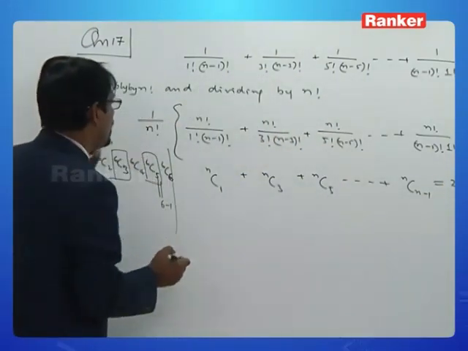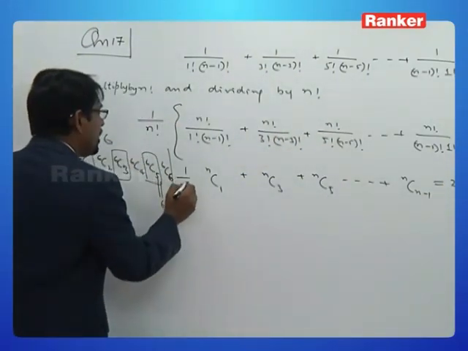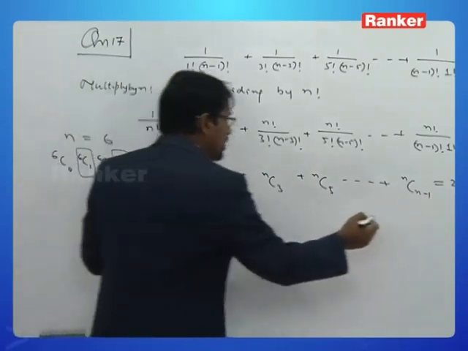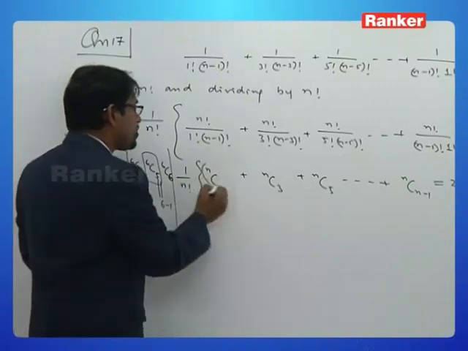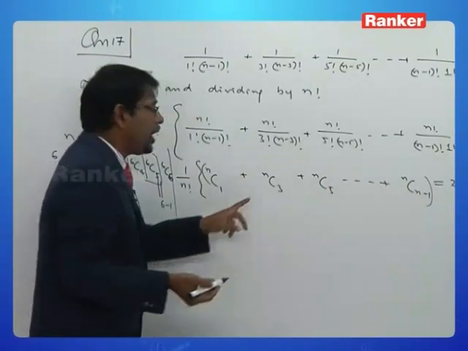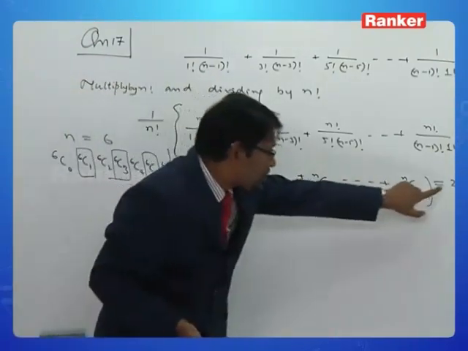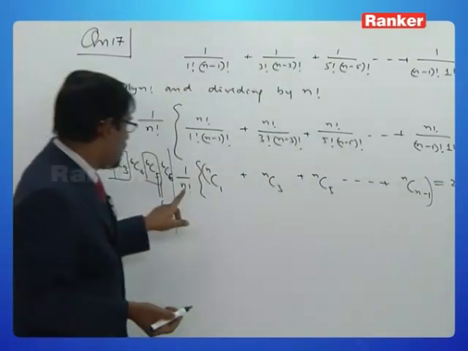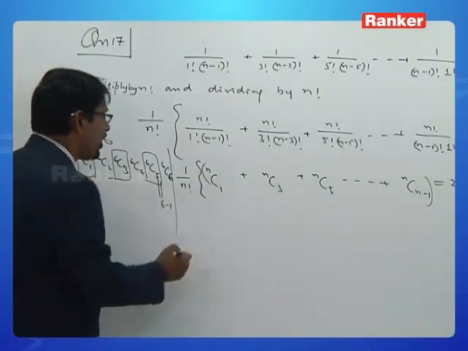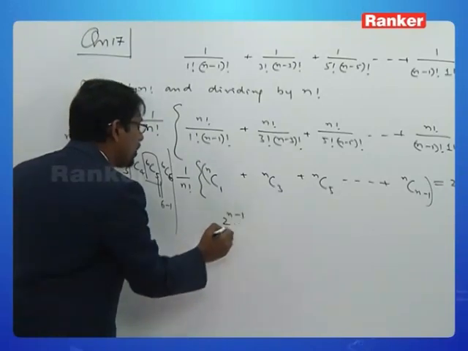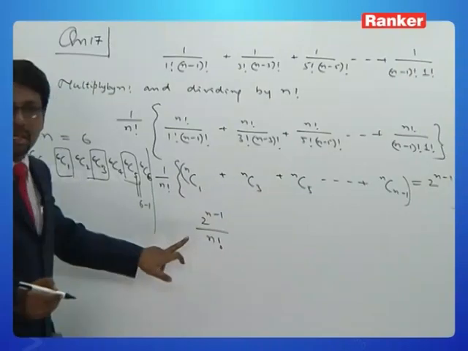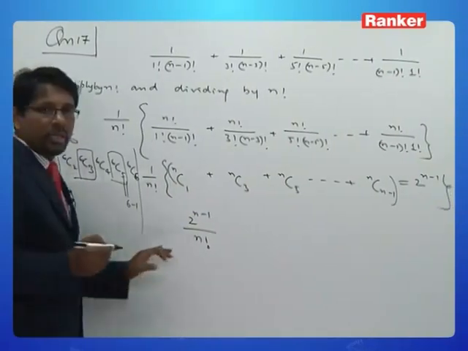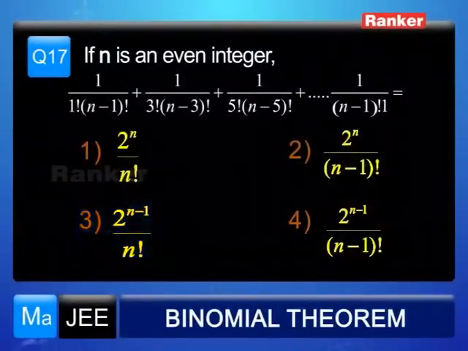But we have an n factorial that is dividing outside. So this entire expression inside the bracket is 2 power n minus 1, and replacing it by 2 power n minus 1, finally, the answer is 2 power n minus 1 by n factorial. And that's clearly present in option 3 there, answer 3.